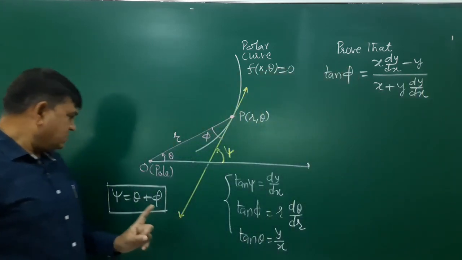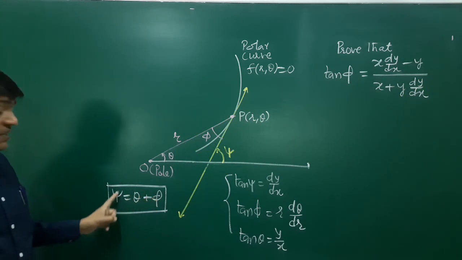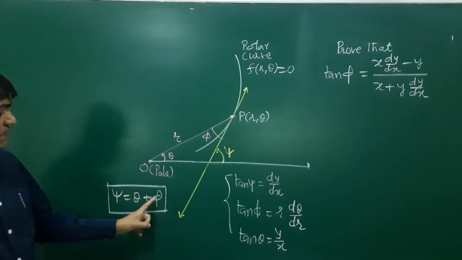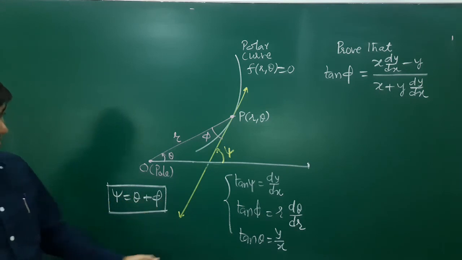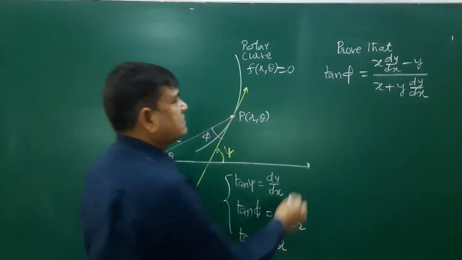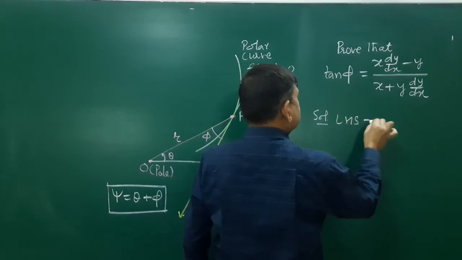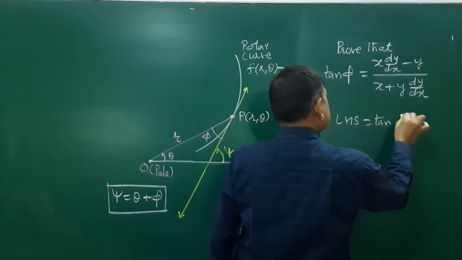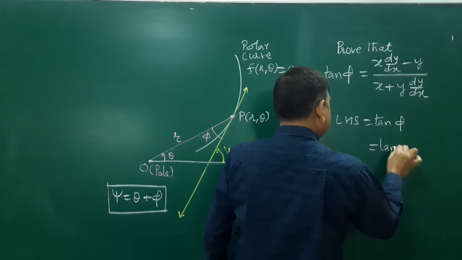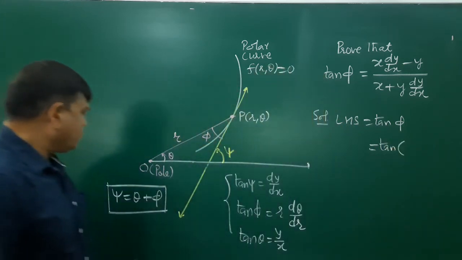Now remember, this is the relationship in the angles, psi equals theta plus phi. So we begin with this, and these are the values. Left hand side is tan phi. What is phi?